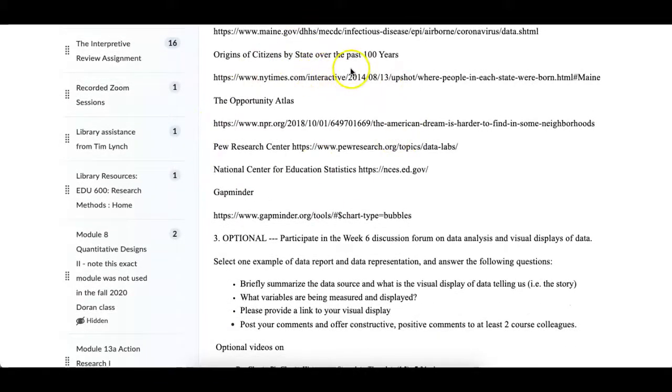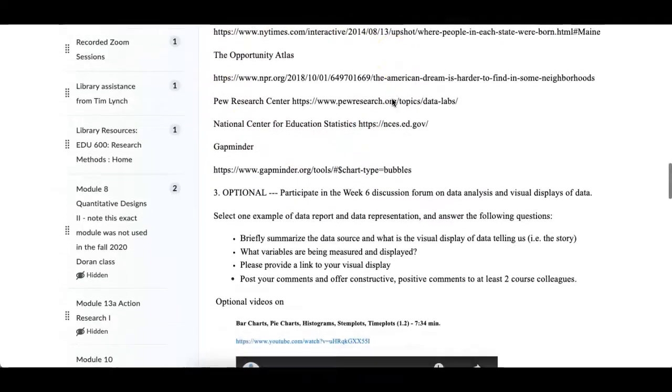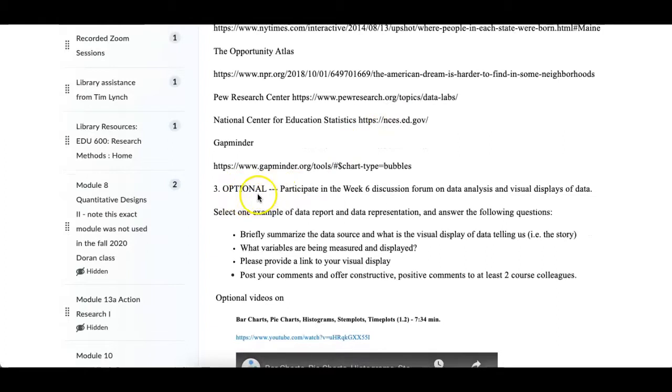I'd like you to poke around, follow the links. You're probably going to have to copy and paste this into a browser just so you can see it. You don't need to do anything short of just take a look around, because you will be using one of these in week number 7 for the assignment. I have an optional participate in week 6 discussion. This is optional.